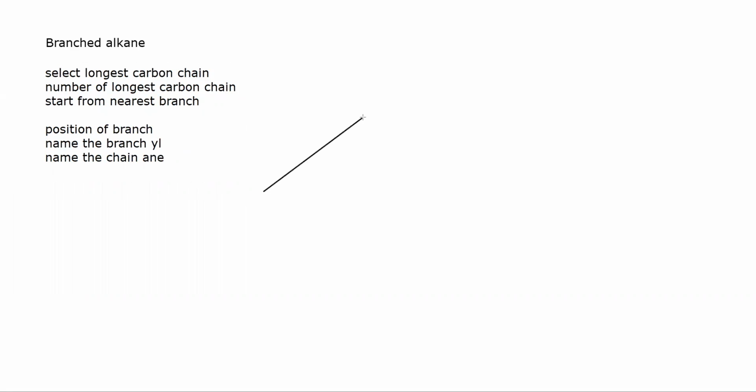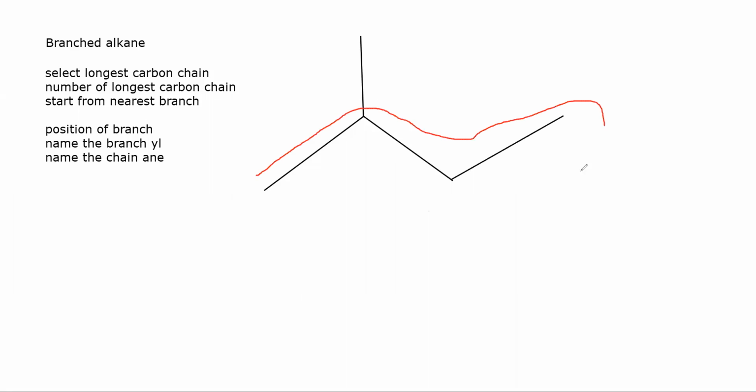I'm drawing the skeletal formula because in the exam, mostly skeletal formulas are there when you're naming the structure. So this is a structure given to you. First select the longest carbon chain. That's the first thing. So if I select 1, 2, 3, 4, I can select this as my longest carbon chain.